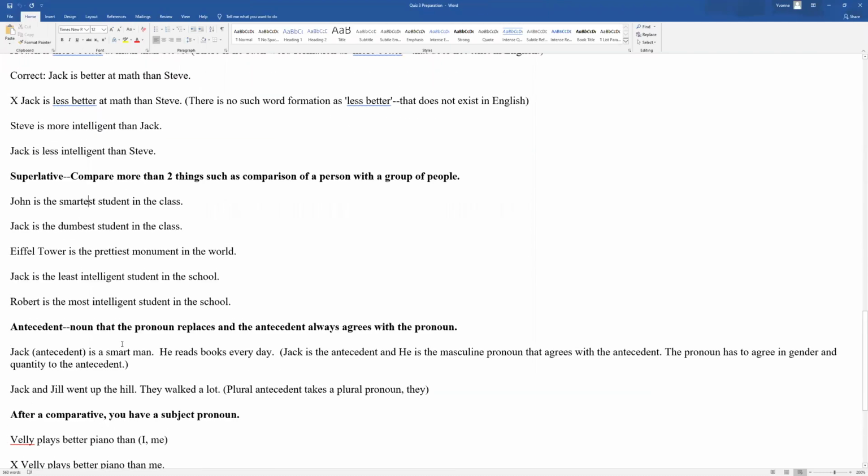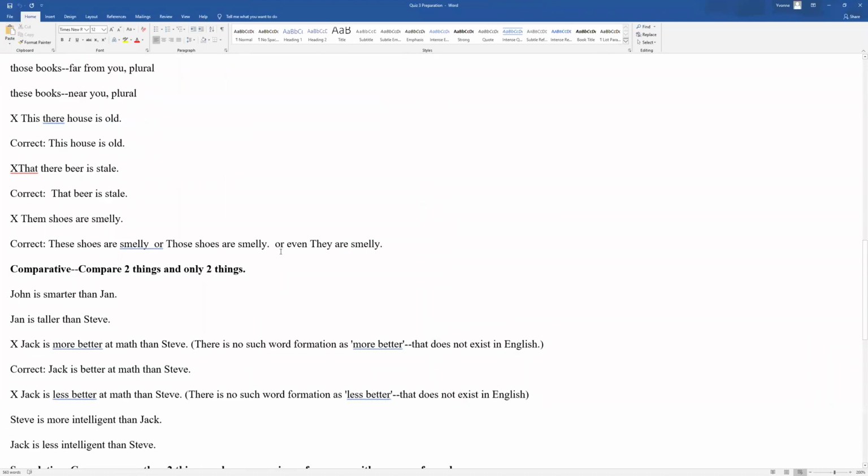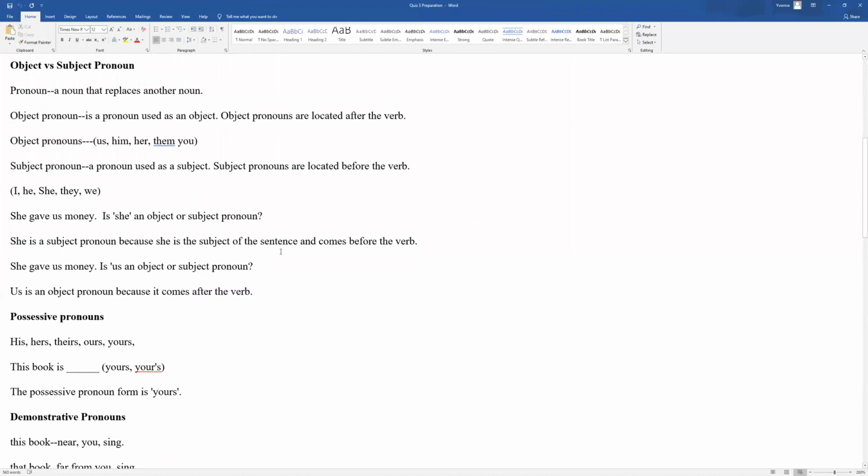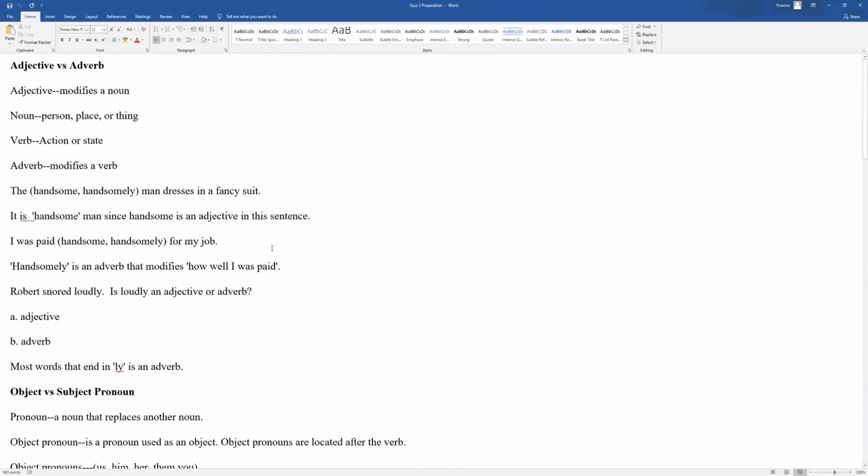And you can find all of these rules I put into your announcements under more week 3 prep. So if you want to see these rules and print it out and study it, then you'll be ready for your week 3 quiz.